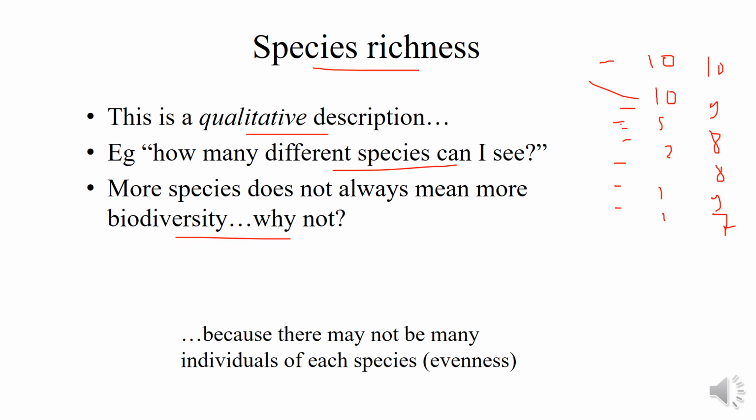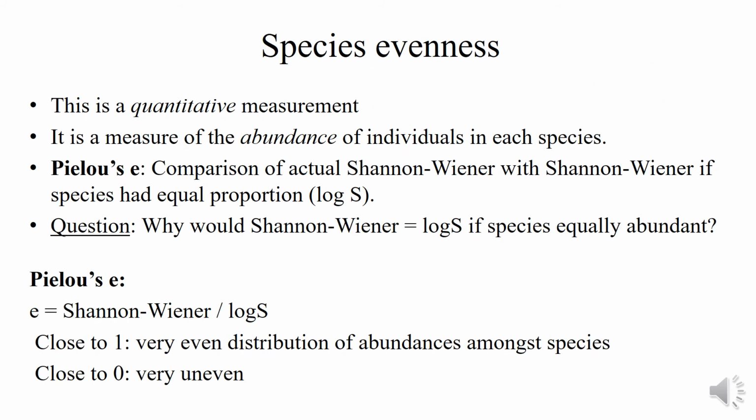Why? Because the number of individuals of the particular species should be high, and that number of individuals per species is also called evenness. So what is evenness? It's basically a quantitative measurement.